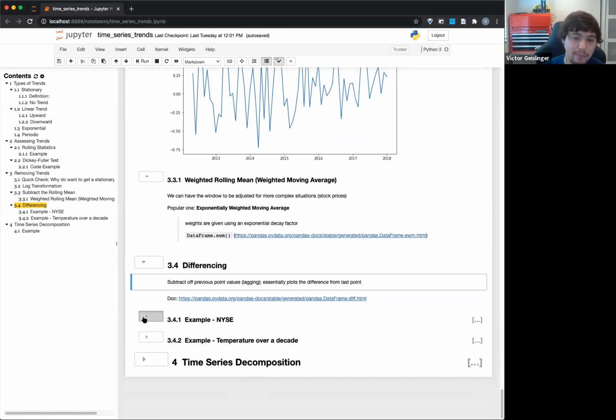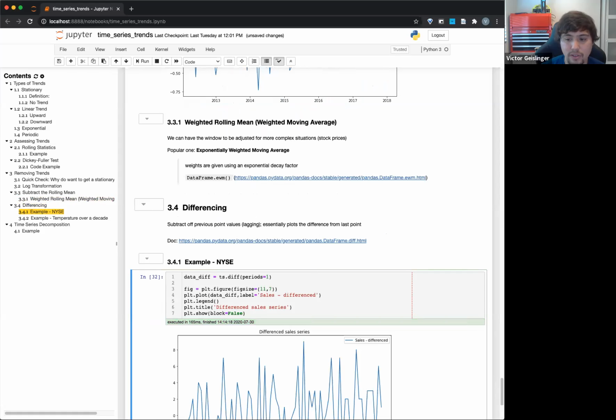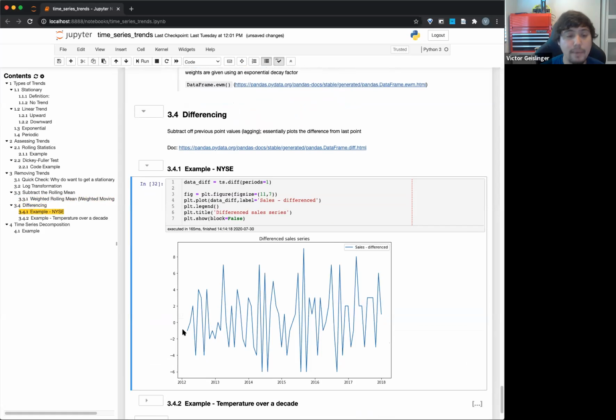So just to show you an example, we have this New York Stock Exchange, and this is basically just how much it differs from the previous day. It turns out that for this kind of modeling, your baseline model just looks at the prior day and predicts it. Let's say the stock traded at $100 per share, and you say, well, yesterday it traded for $100 per share, maybe today it will trade for $100 per share.